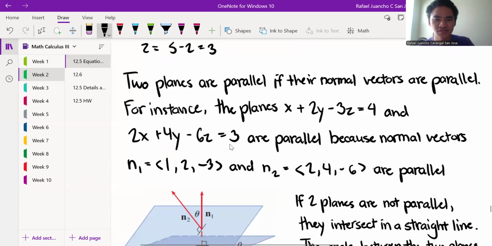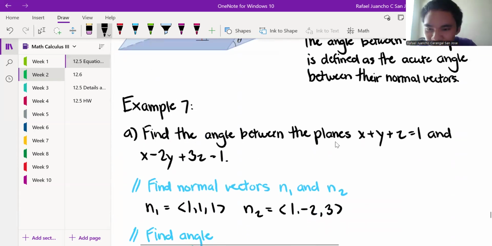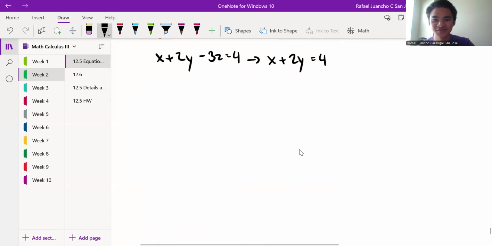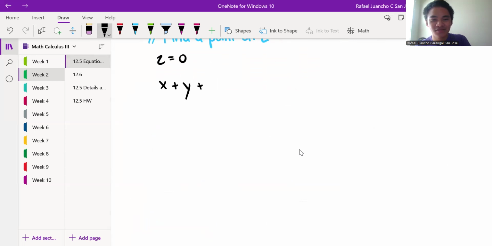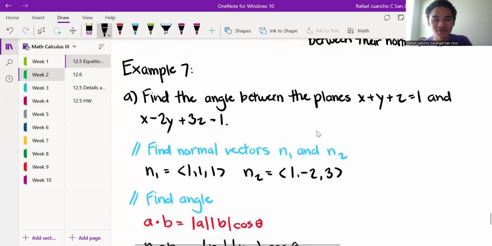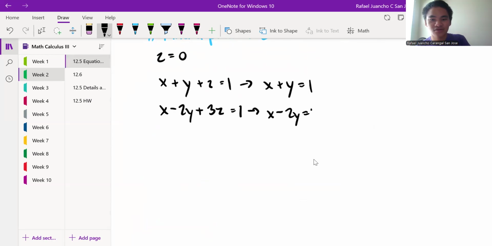Wait, am I doing the right example? Oh, shoot. It's x plus y plus z equals 1. Wrong example. x plus y plus z is 1. This is going to turn into x plus y equals 1. Then the other one, I'm going to make sure I'm on the right example here. x minus 2y plus 3z. That's the other plane equation. That's 1. x minus 2y is 1. Great. Now we have two of those.